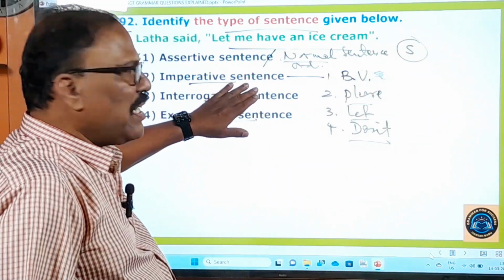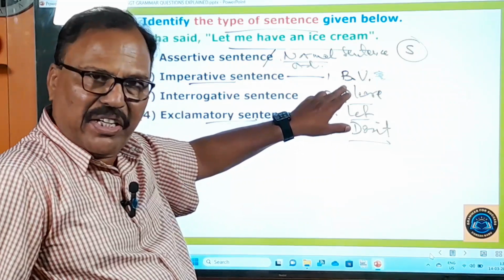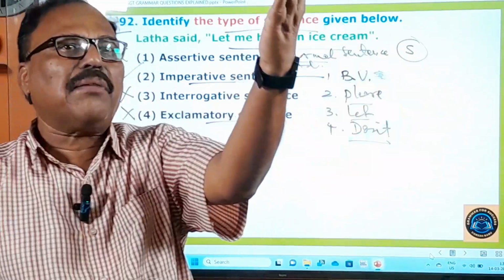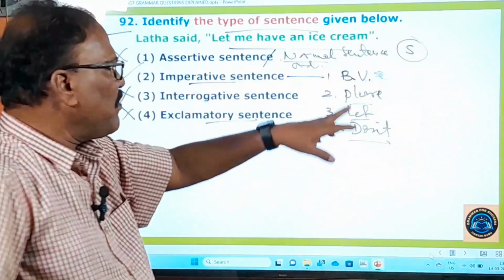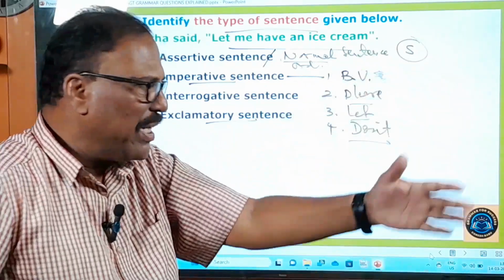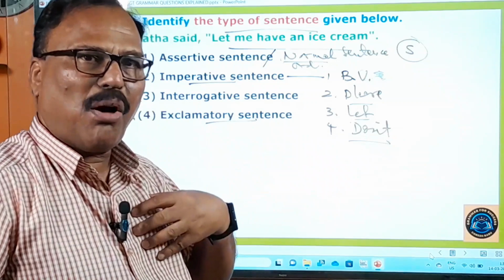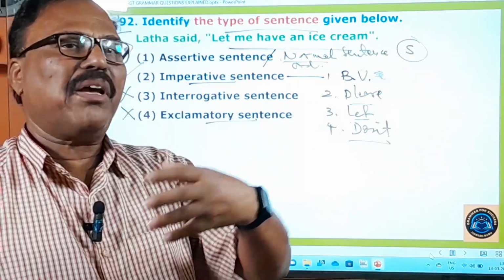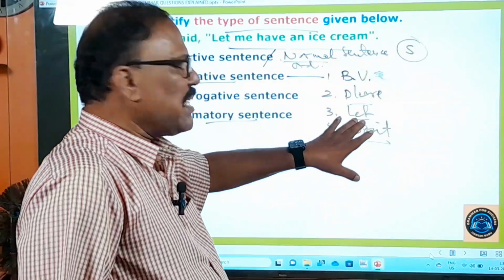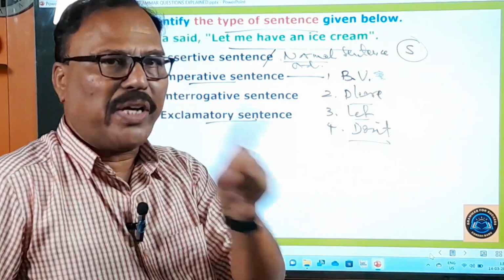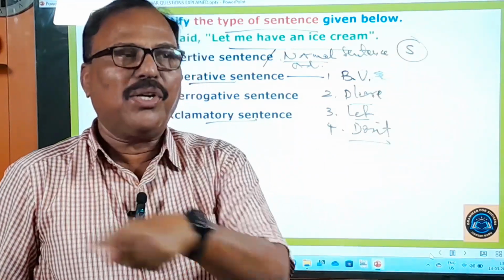These imperative sentences generally begin with a base form verb. Come here, stand up, go there. They are all base form verbs. Please come here. Please sit down. Please take these. Those are please sentences. Let me go out. Let me sing a song. Let them watch the TV. Those are let sentences. And don't smoke here. Don't play outside. Don't watch the TV.